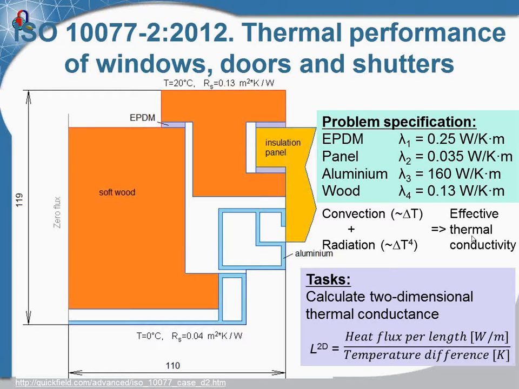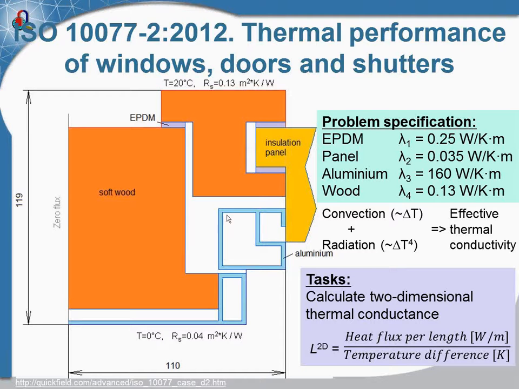So to find the effective thermal conductivity, we need to know the temperature difference. And to find the temperature difference, we need to simulate the problem. So this is the iterative task. First, we simulate the problem with some predefined value of the air thermal conductivity.